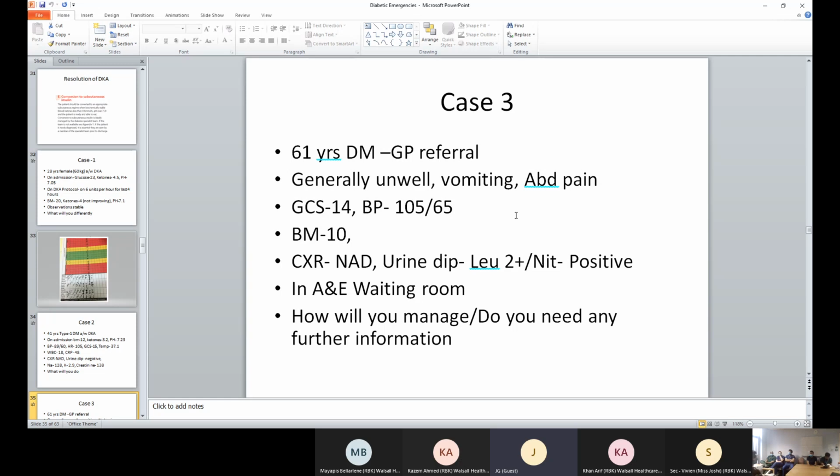You will be seeing more and more people, in more complex patients, on the SGLT2 inhibitors. The mechanism is that it prevents the glucose being absorbed, so they lose the sugar. It's an insulin independent mechanism, so it does not cause hypoglycemia. Another advantage: when people lose sugar, the body needs to find an alternate source of energy.